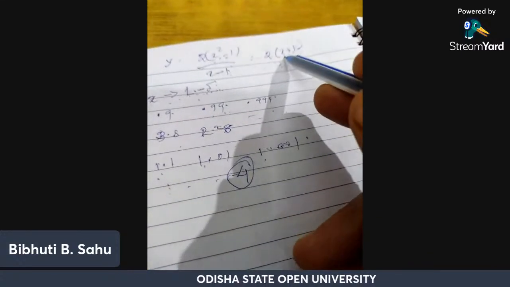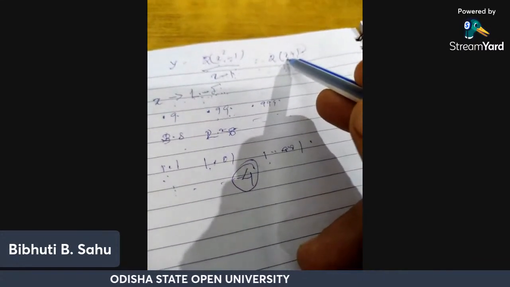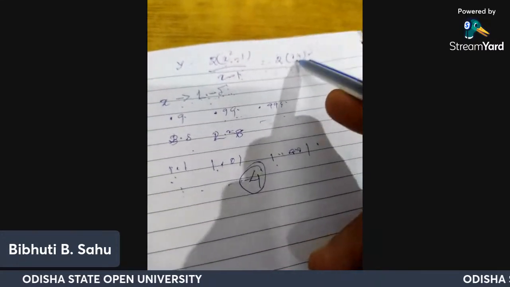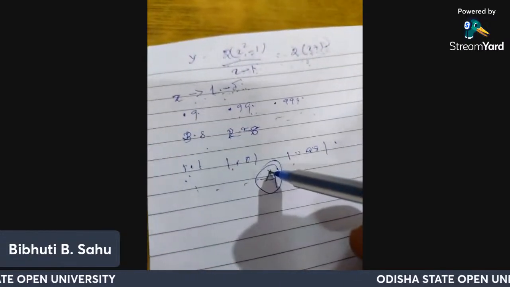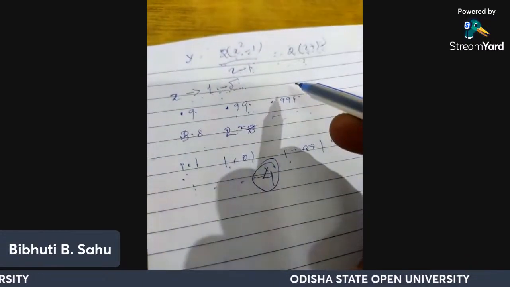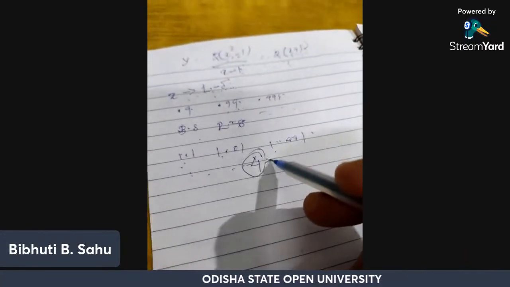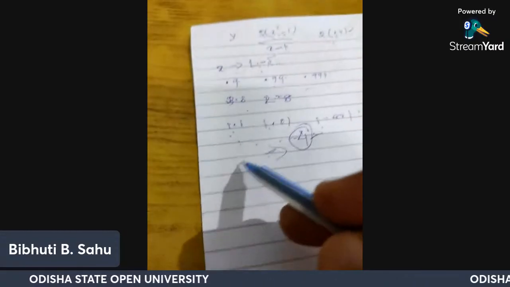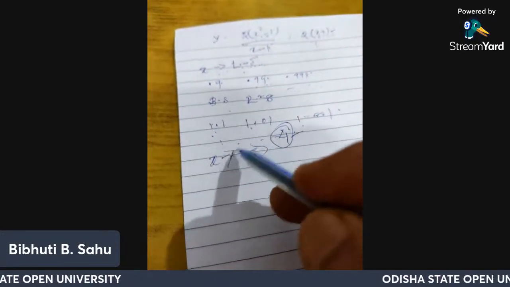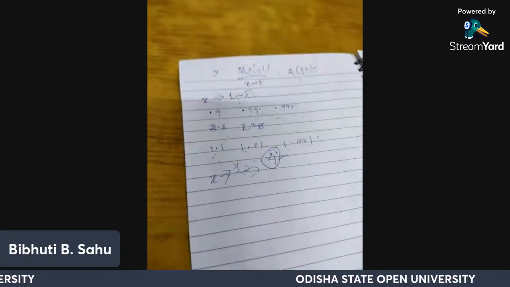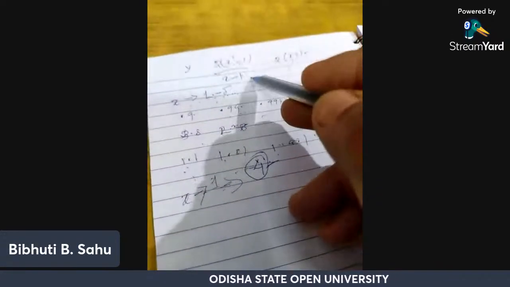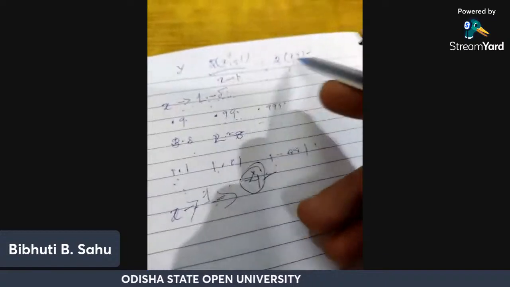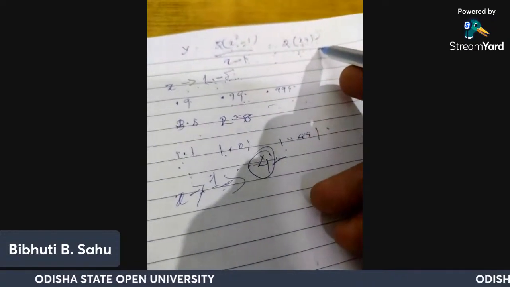Because x is almost 1, 1 plus 1 is 2, and 2 into 2 is 4. That means it is not exactly 4, but it tends to 4 when x tends to 1. That means the limit of the function will be 4.